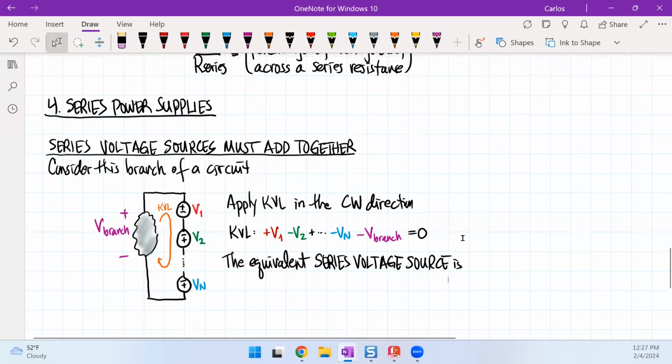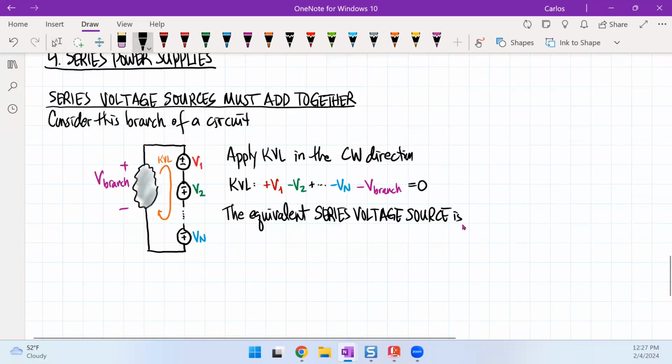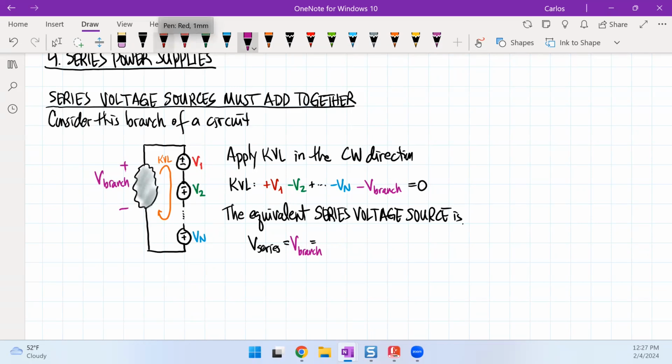V series must be the same as V branch. And this is then plus V1 minus V2, and adding all of the sources, I'm going to get minus Vn.